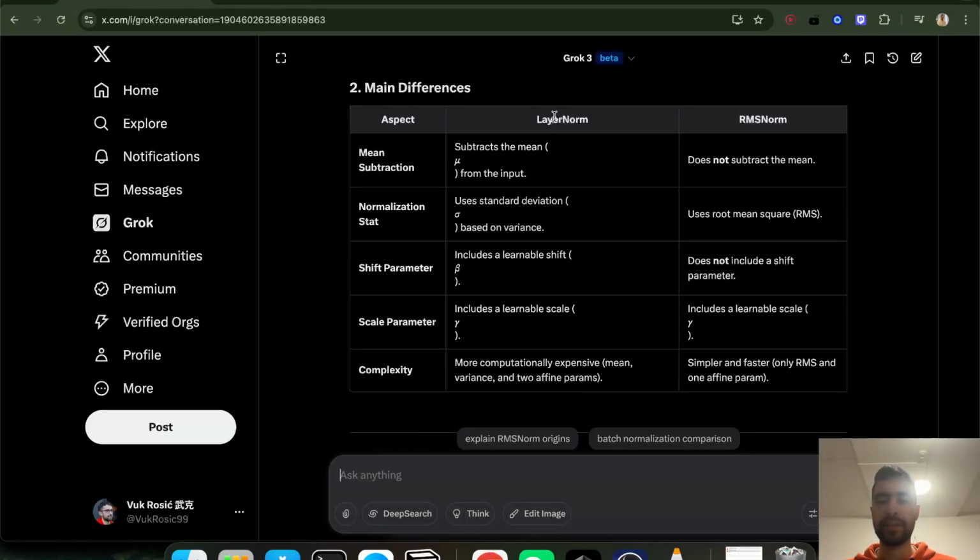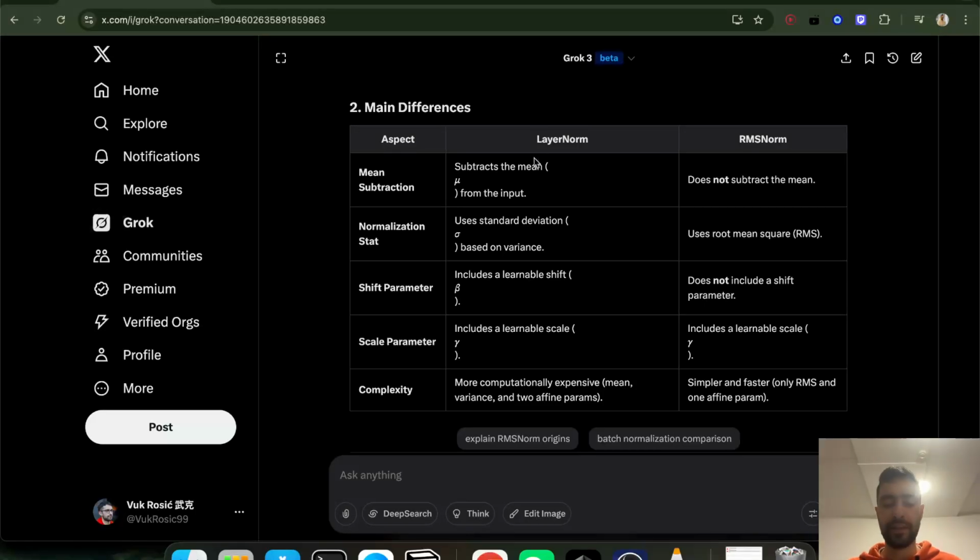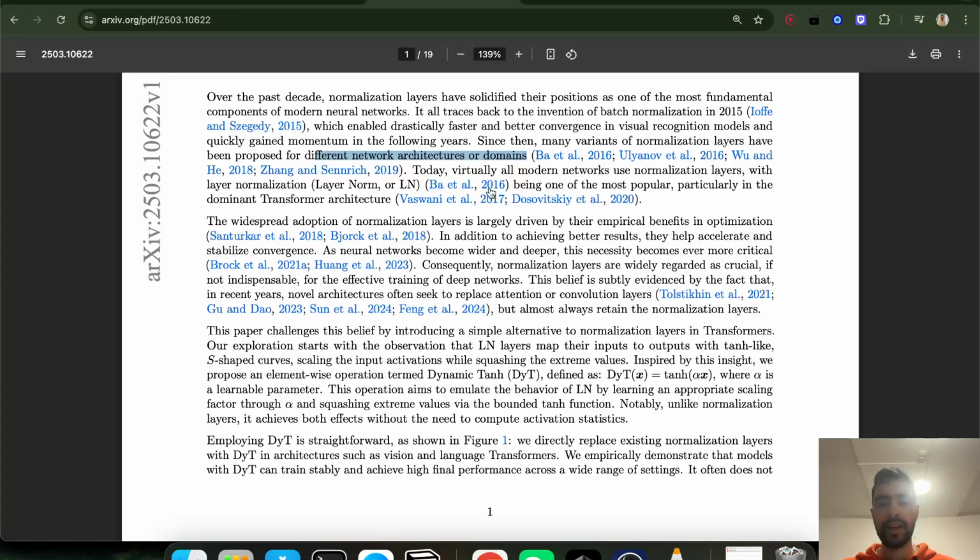Here are some differences between layer norm and RMS norm. The main difference is that layer norm subtracts the mean, and RMS norm doesn't. You can read the rest if you want. It's actually funny that recently everybody has been trying to replace attention or convolution layers, but nobody was trying to replace normalization.